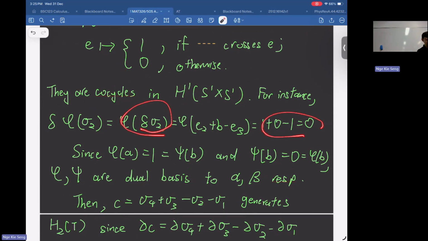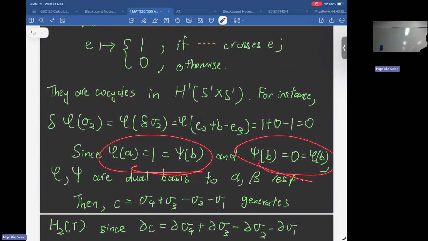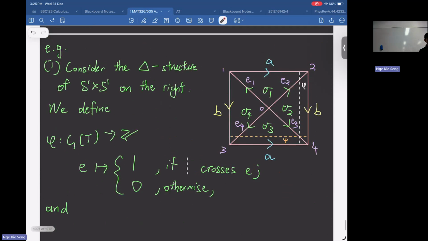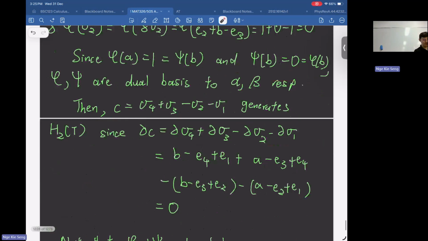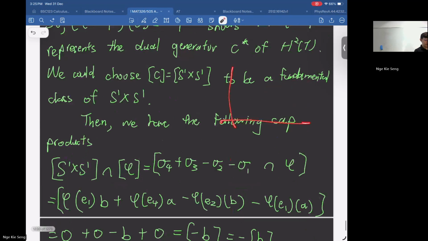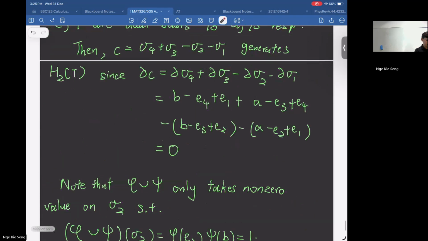And then you check that actually it maps to 0. Moreover, using this definition, you can see that purposely I miss B for phi, I miss A for psi. So actually they are dual to this cycle here. Okay, A and B, they are dual to it.